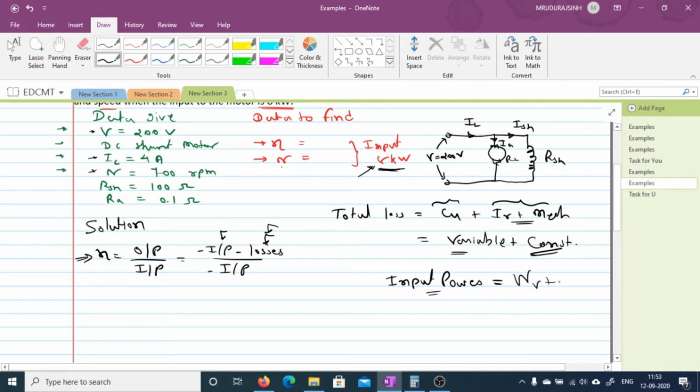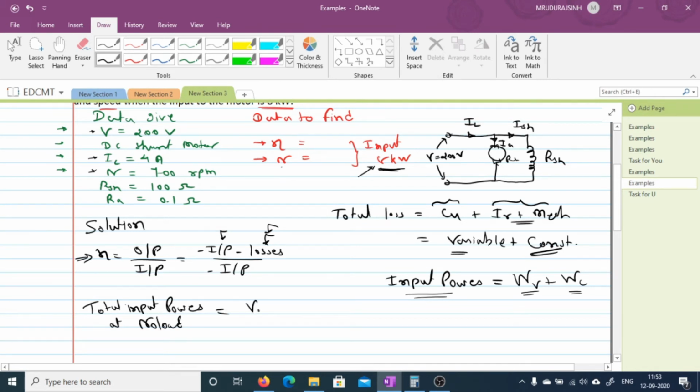WV represents variable loss and WC represents constant loss. At no load condition, the input power of motor is totally being utilized in variable loss and constant loss to fulfill these two losses. So first of all, let's calculate the total input power at no load.